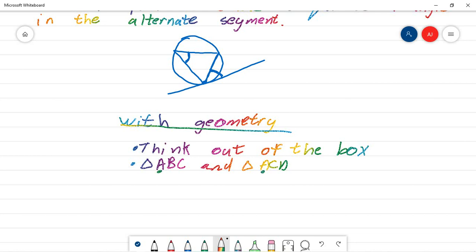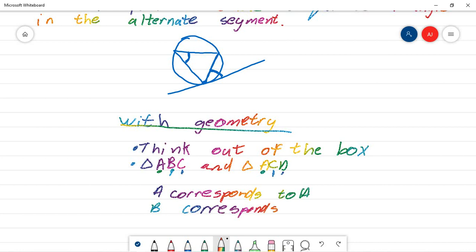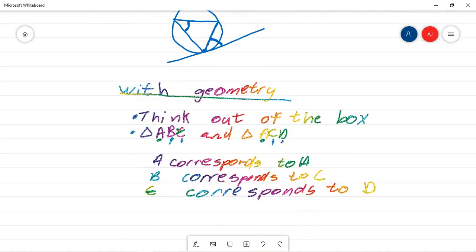That means A would be corresponding to A, B would be corresponding to C, and C would be corresponding to D. Okay, this cannot be C, this has to be E. Now this is especially handy, tricky sometimes if you're stuck, because they can give you hints like this.